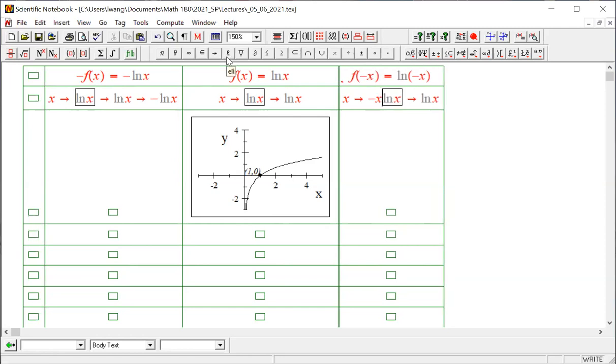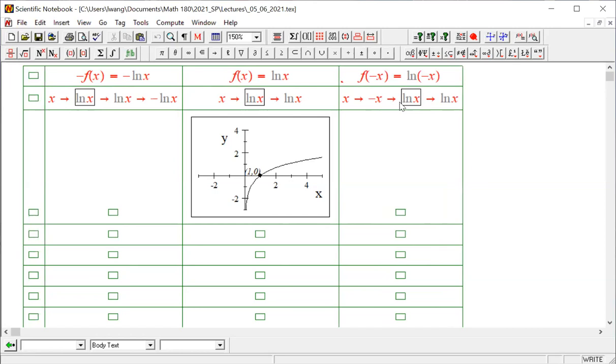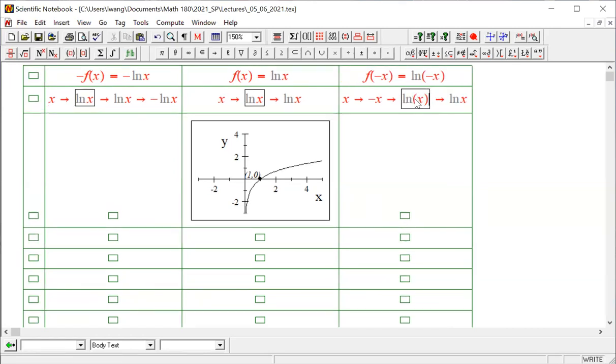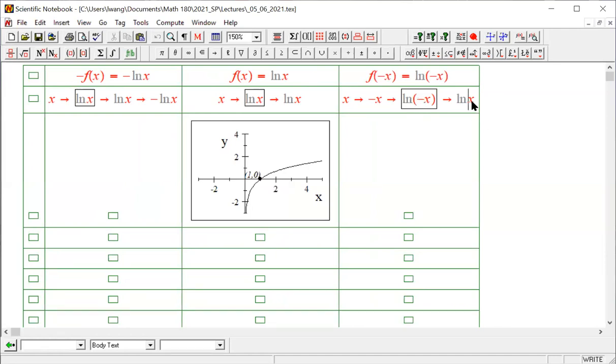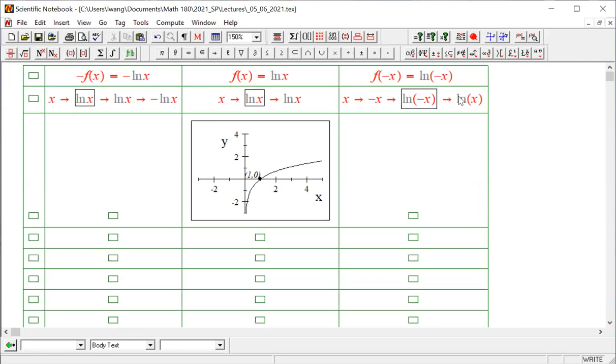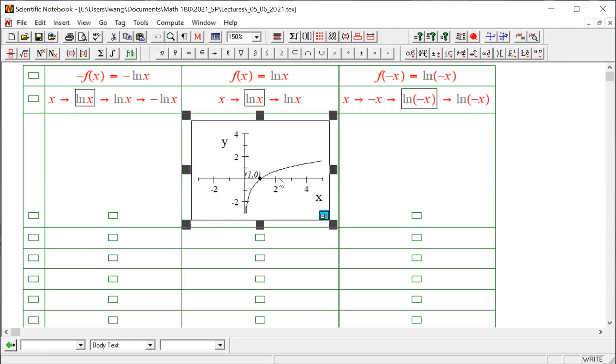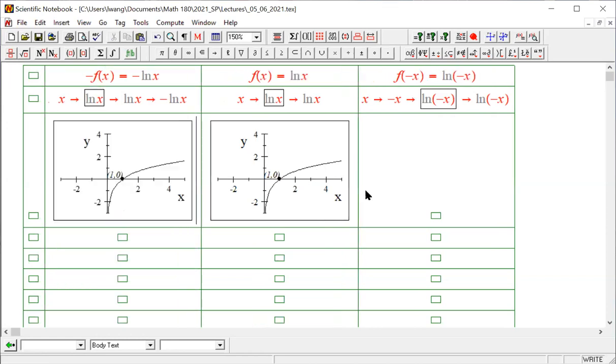Oops. Oh, come on, hurry up. So now, the picture, the visual. What do we get for the visual?